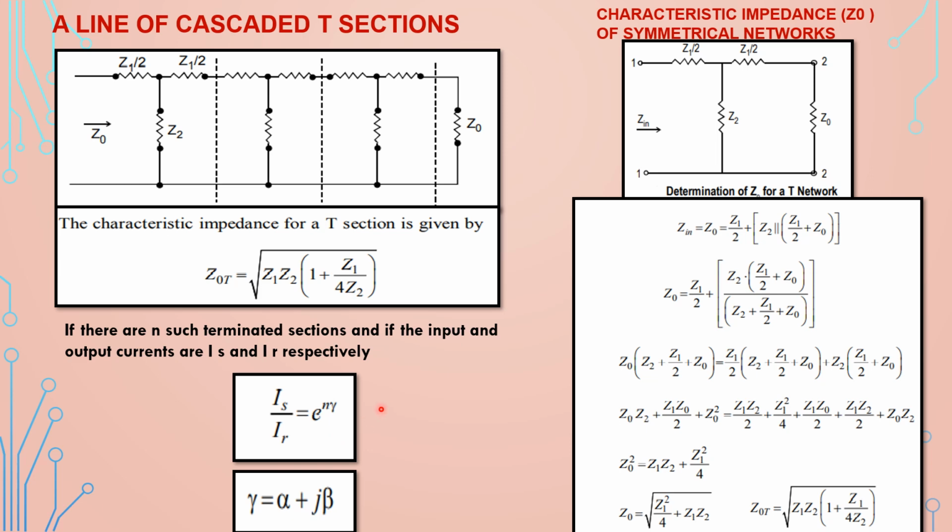In general, we know that gamma consists of two more parameters: one is the attenuation constant, the other is the phase constant. Therefore, gamma is equal to alpha plus j beta. So Z0 and gamma are the secondary constants of the transmission line. I told you the differences between primary and secondary constants. The secondary constants are frequency dependent, but the primary constants are independent of frequency.